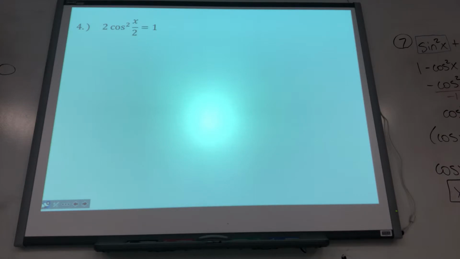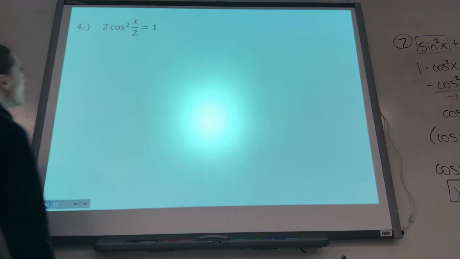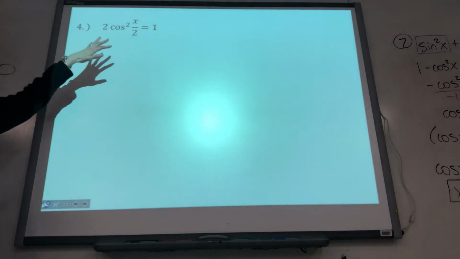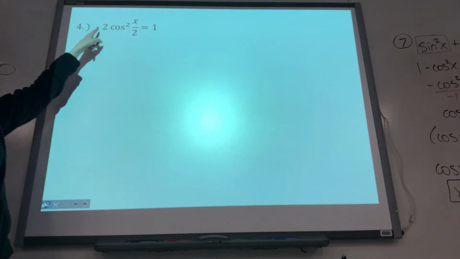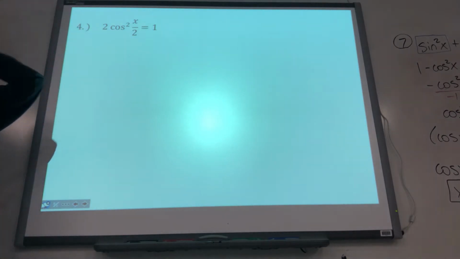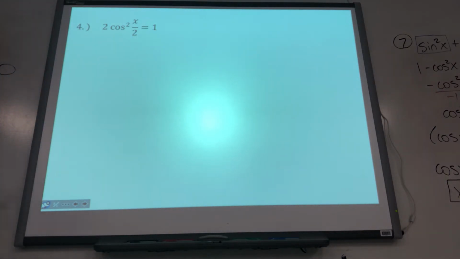2 cosine squared of x over 2 equals 1. The slight difference that I was talking about was, it's almost the very same type of problem except for the number in front. We didn't have a number in front on number 3.